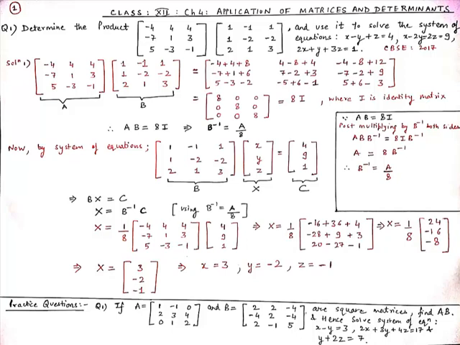When we put the value of B inverse, we get 1 upon 8 into matrix A, which is [-4, 4, 4; -7, 1, 3; 5, -3, -1], into matrix C, which is [4, 9, 1]. Multiplying row R1, which is -4, 4, 4, with 4, 9, 1, we get -4 into 4, -16, and then 4 into 9 is +36, and then 4 into 1 is +4.